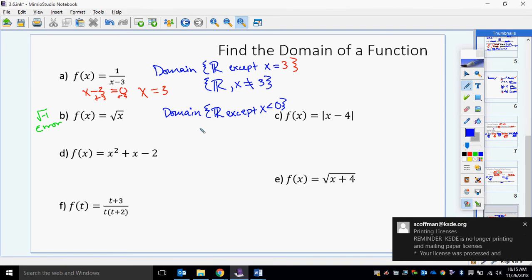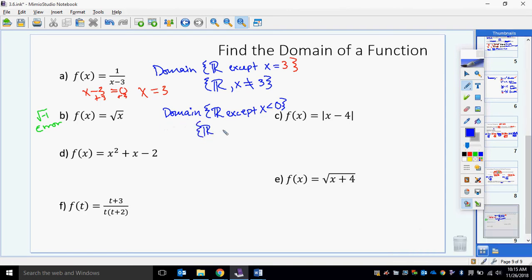So another way to write this, again, is all reals, x cannot be less than 0. Any numbers less than 0 make this negative, right? If I plug in negative 5, if I plug in negative 0.001, those are both numbers less than 0, and that's not part of our domain.